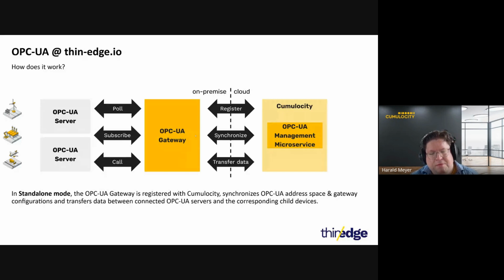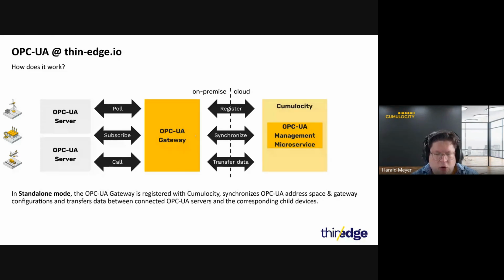And by default, all of that interaction between the OPC UA gateway and Cumulocity is done directly. So once you install the OPC UA gateway, you go through a bootstrapping process to register it in Cumulocity.